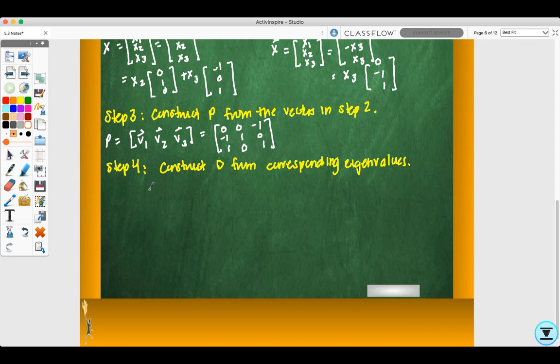So D, since the first vector I put in here corresponds to eigenvalue of 1, I would have 1, 0, 0, and then the other two eigenvalues of 2. So I'd have 0, 2, 0, and then 0, 0, 2. And remember, order is important, and these 3 are your eigenvalues.